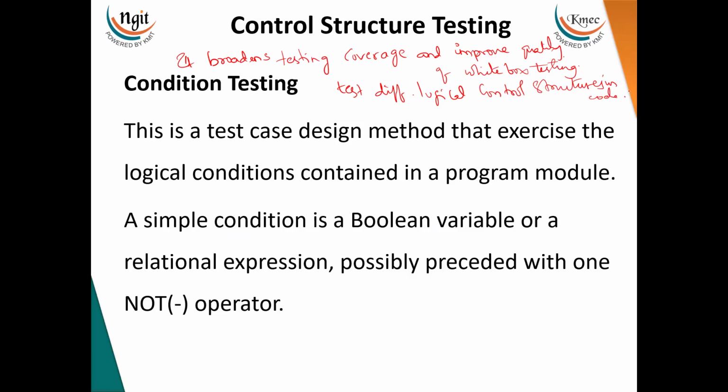Fine. So basically, these testing techniques will focus on how the logic flows inside a program. Inside a program, it is all about the conditions or loops or branches and even sometimes how the variables are defined and used.